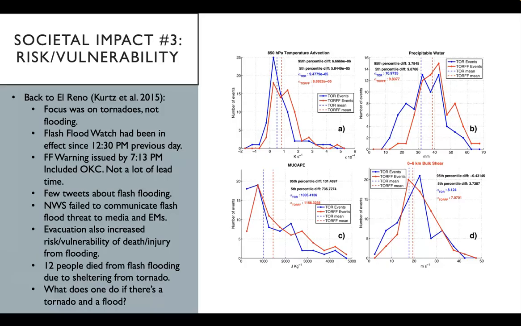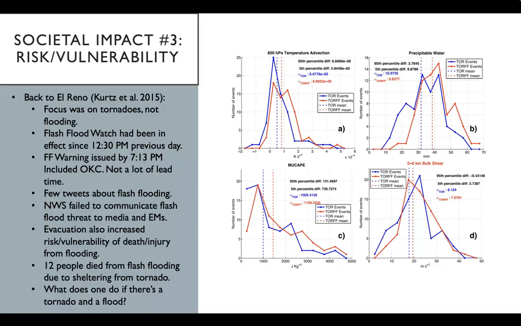The National Weather Service failed to communicate the flash flood threat to the media and the emergency management officials. In fact, if you look at that chat, like they show it in the recorded presentation, if you're able to get it, there's no mention of flash flooding at all. So they definitely messed up on that part.